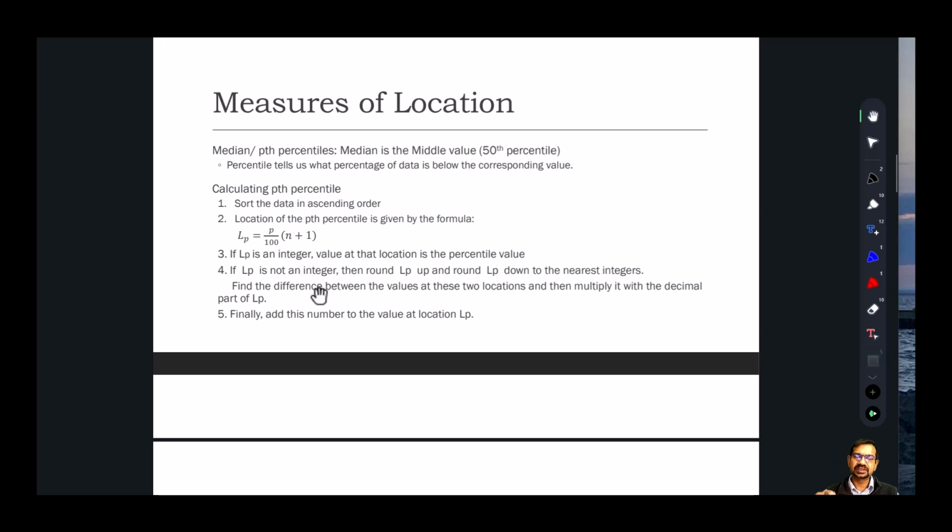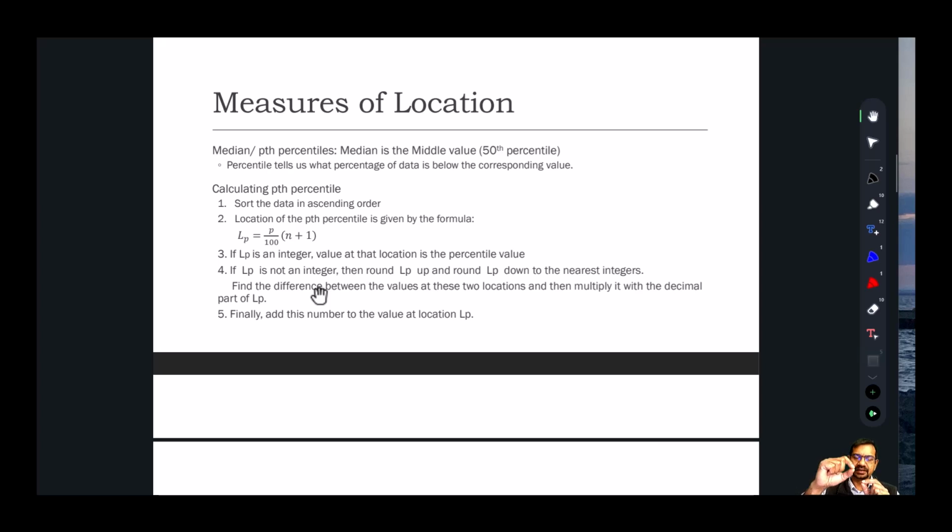Now, if this number is an integer, we can just count to that value, and that value is our pth percentile. What if that number is, let's say, 11.4, a decimal? So what we would do is we would round up and round down. So we would look at our 11th value and then the 12th value.